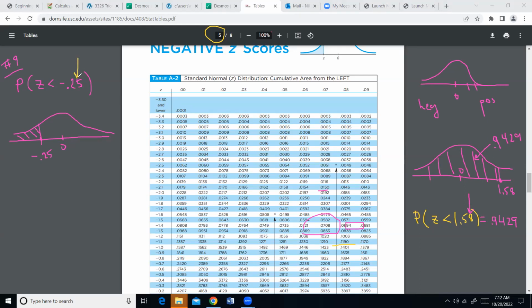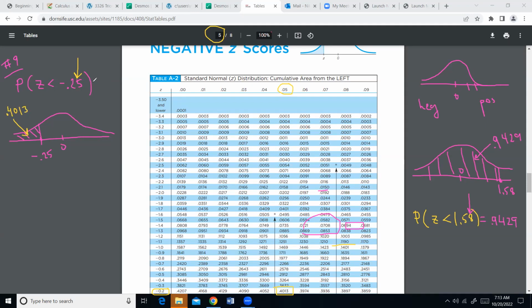And my column will come from 0.05 because that's 5 hundredths. So where minus 0.2 meets 0.05, well, looks like this is the location. It's 0.4013. So this area is 0.4013.